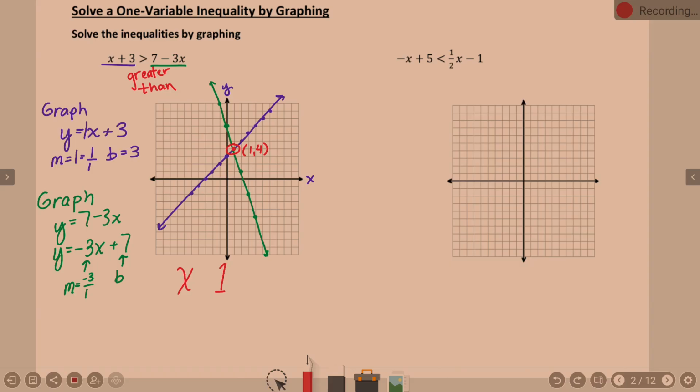Now, I'm going to use my color coding. Where is the purple line greater than the green line? And I'm going to write that out, and then we'll examine what I mean by that.